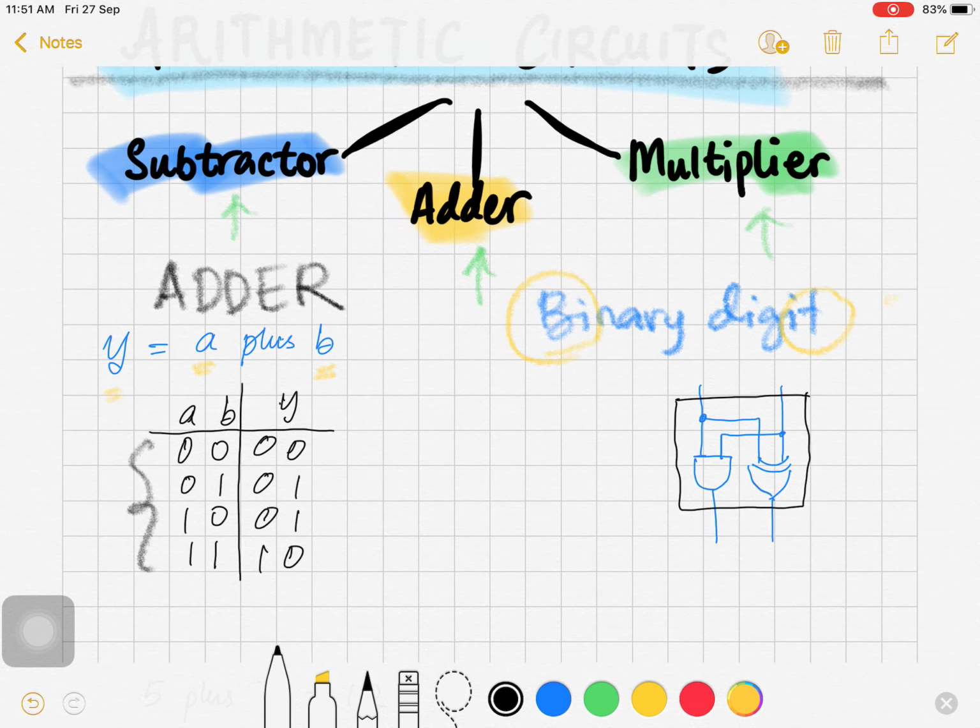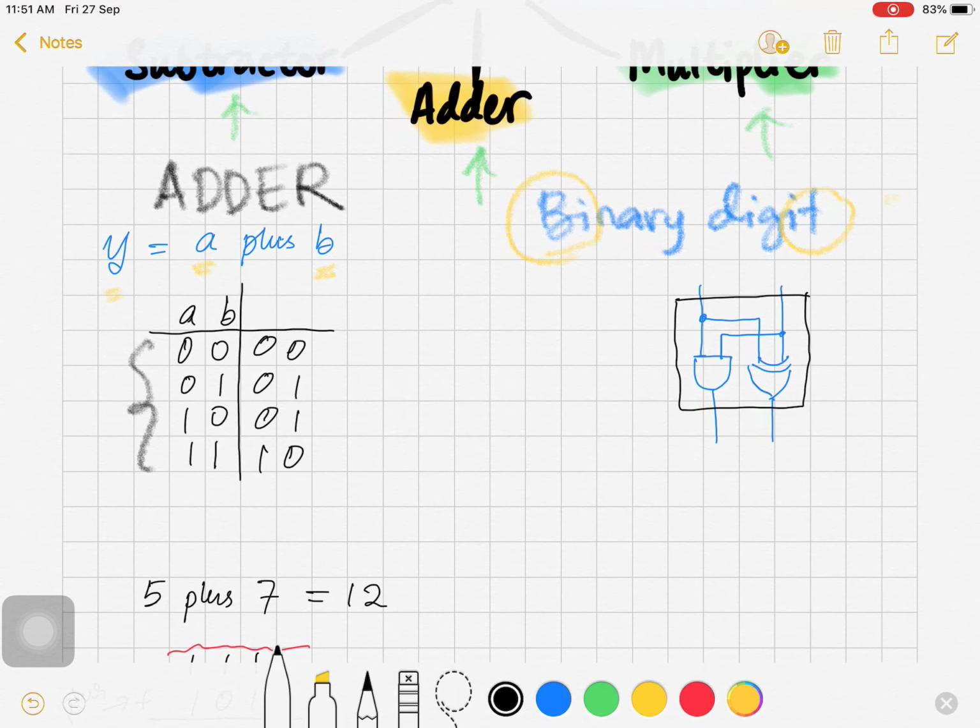So it is like y has 2 subcolumns. So let's name each column with an index. So this is y1 and this is y0.